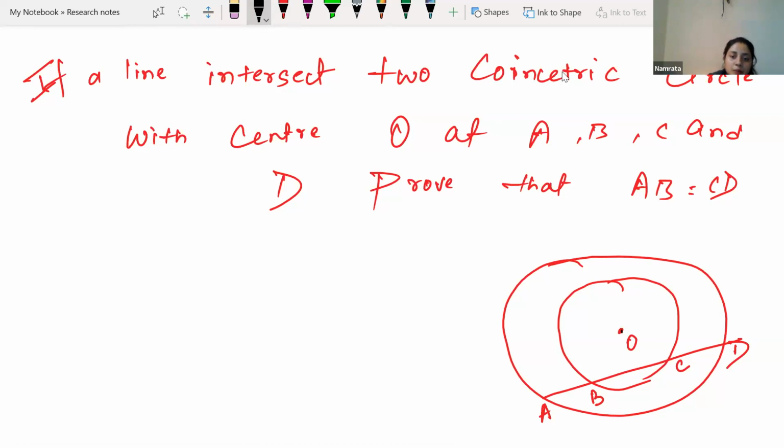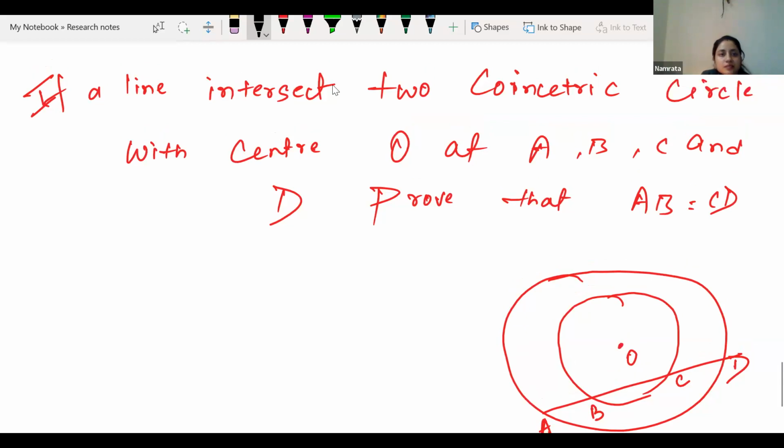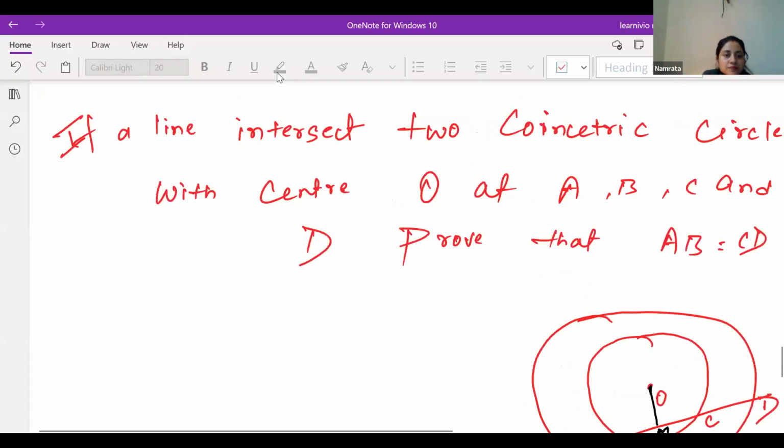If we drop a perpendicular from here, what can we say? Let's say this is M. Yes. Ifra, Yatika, who else is there? Umaisha is there. What can be done?